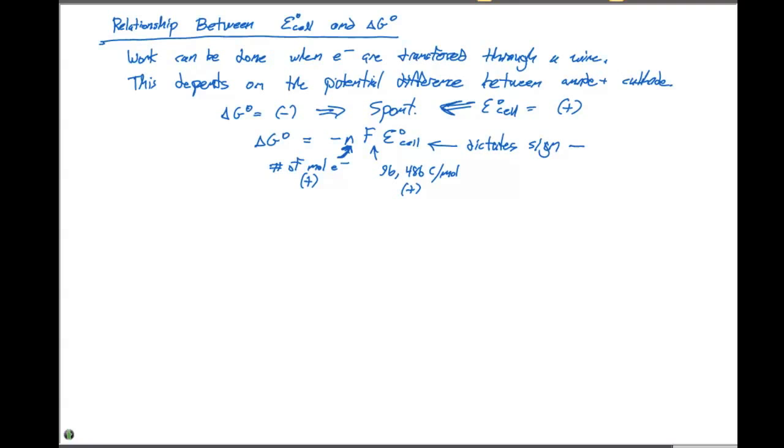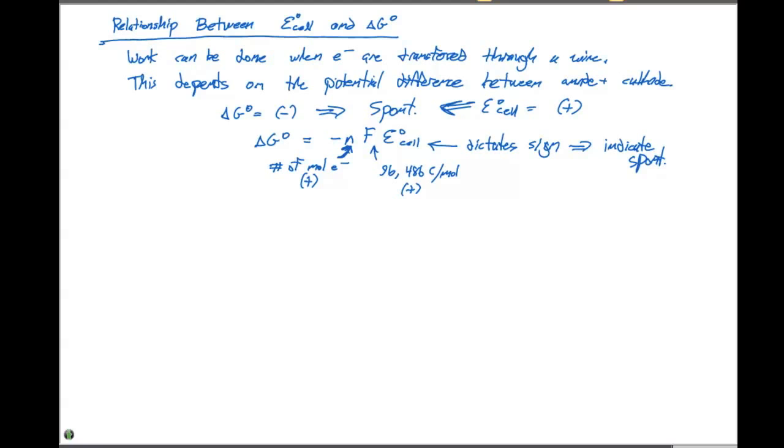So this is going to dictate the sign, which will indicate spontaneity. So it's the standard cell potential that's going to allow us to predict whether a reaction is spontaneous or non-spontaneous.